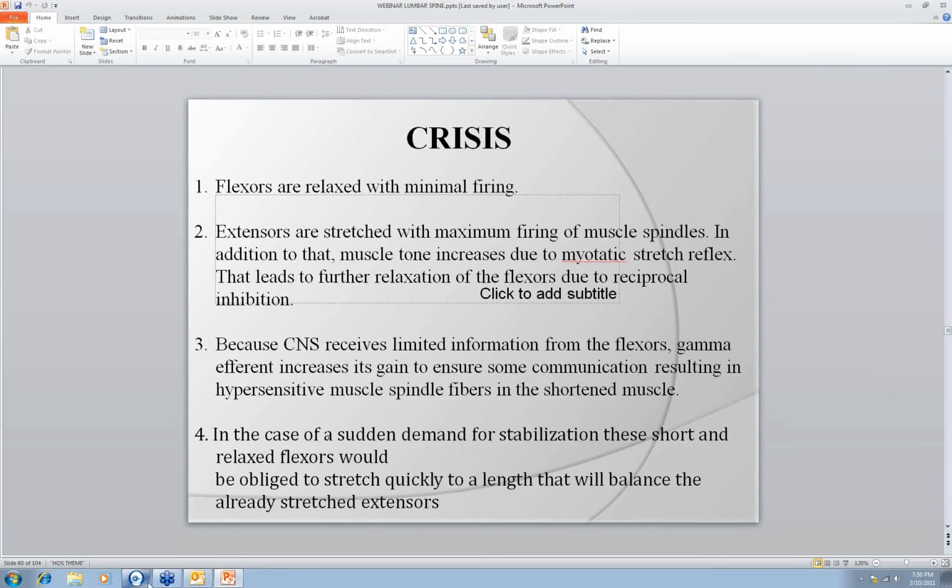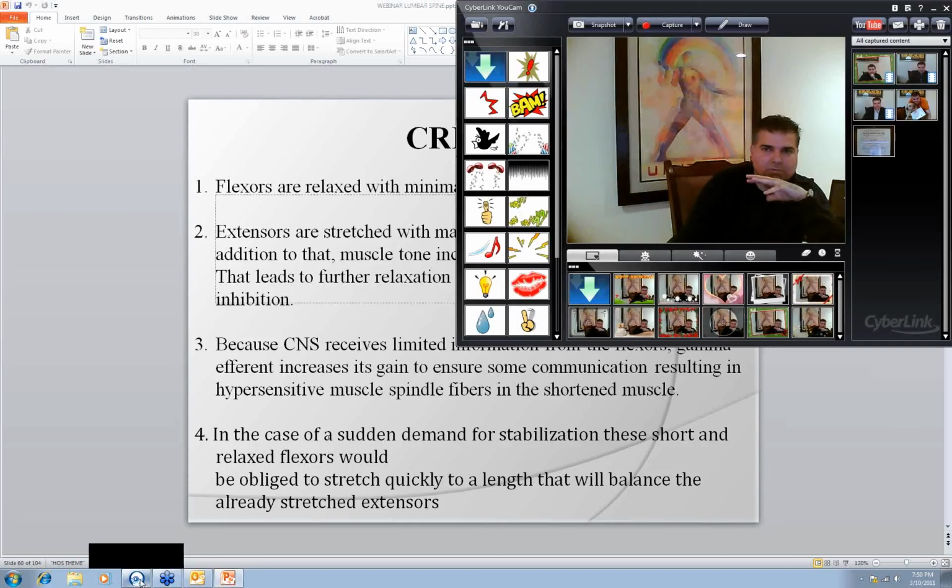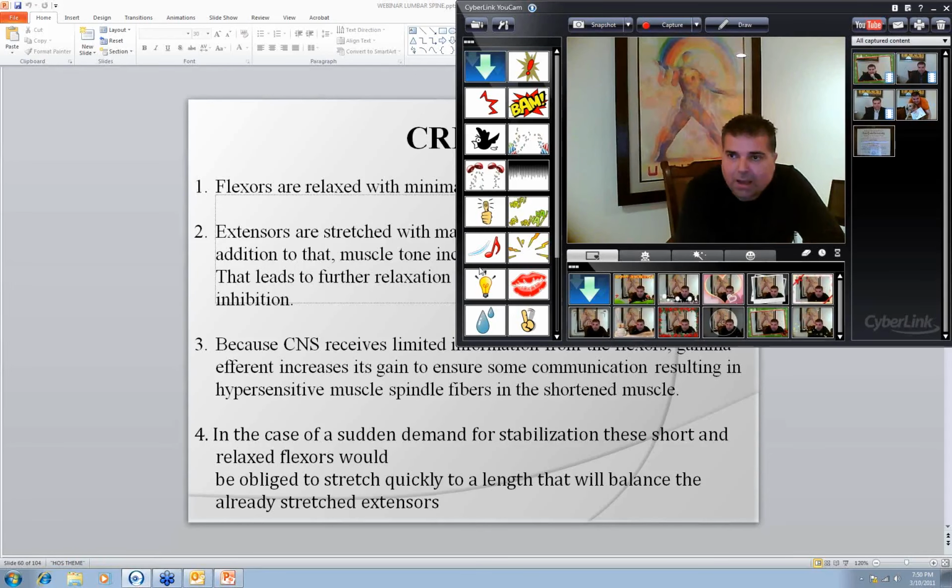But let's discuss a little bit of how this works. I am going to go back to my example, the example that my business associate in Hands-On Seminars, Mr. Rizopoulos, likes to use. So look at this. Let's suppose that I am doing gardening. In gardening, I assume a slightly flexed position with my neck.